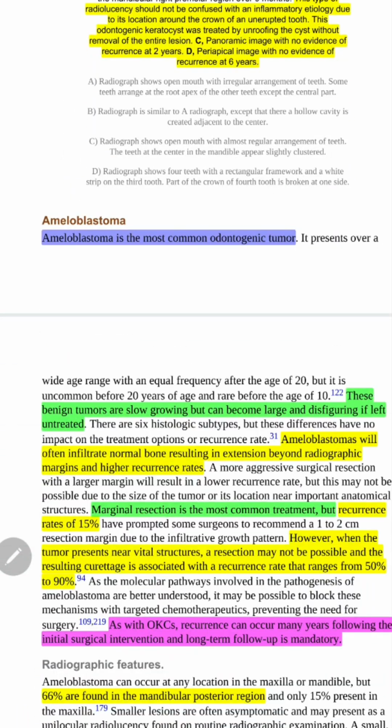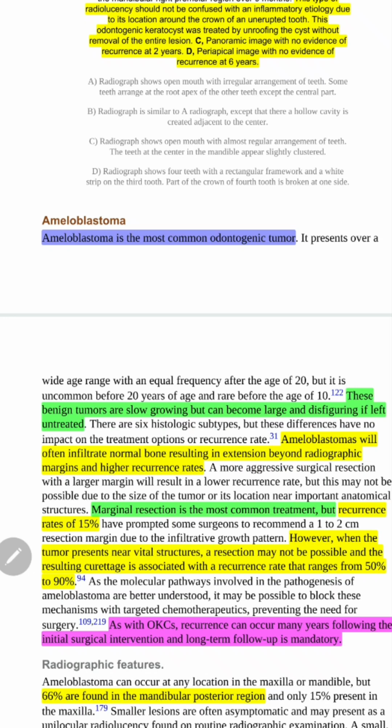Now let's talk about the ameloblastoma. Ameloblastoma is the most common odontogenic tumor. These benign tumors are slow-growing but can become large and disfiguring if left untreated. Ameloblastomas will often infiltrate normal bone, resulting in extension beyond radiographic margins and higher recurrence rates.